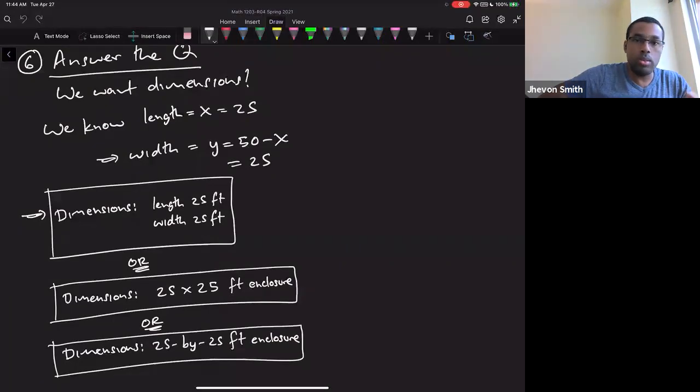A common way to do dimensions of a rectangle is length by width, with the x like a multiplication sign. If you're doing a box, you can also do length by width by height. Or you can just literally write out length equals, width equals, height equals, and that'll be fine. But whatever it is, you need to make sure you answer the specific question that was asked.